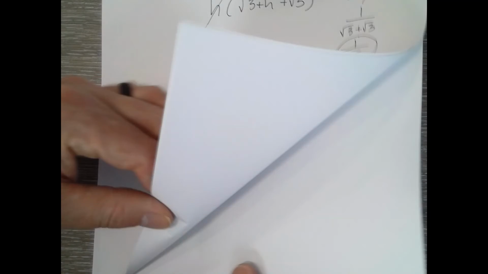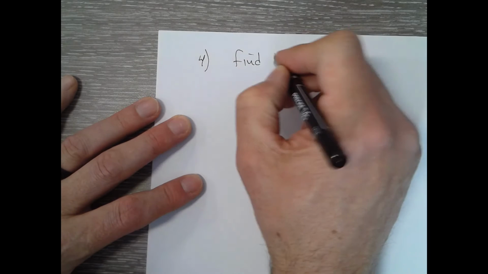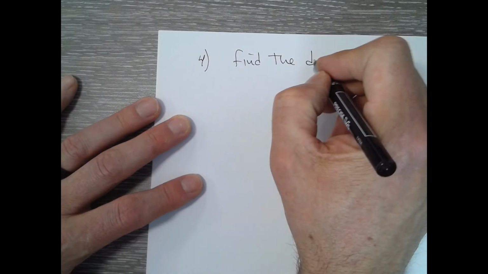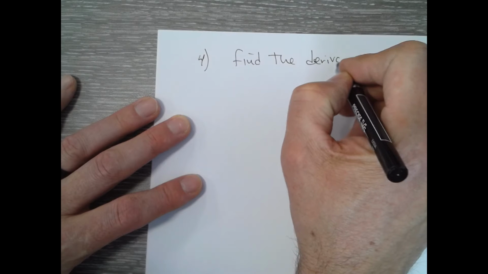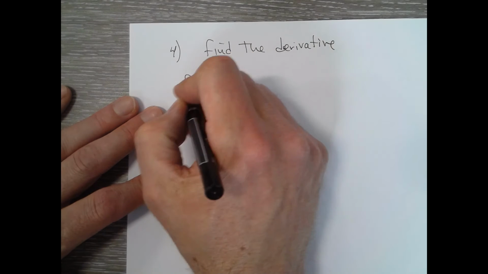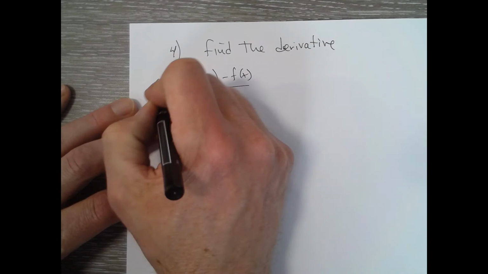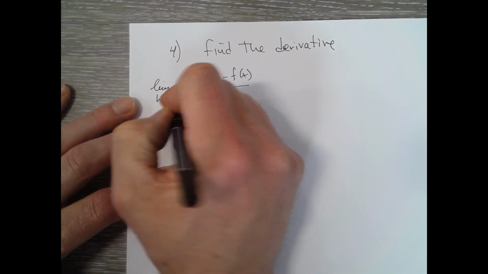Call this number 4. Find the derivative: f of x plus h minus f of x over h as h goes to 0. We're finding the derivative.